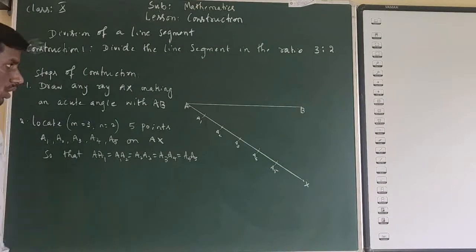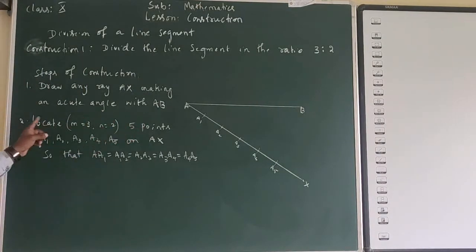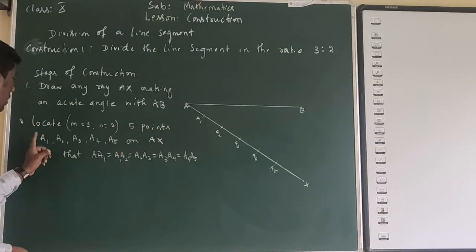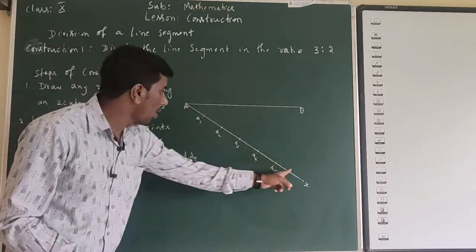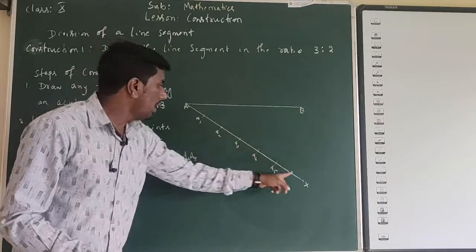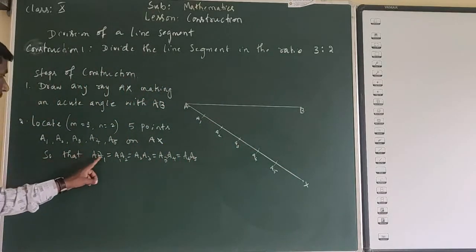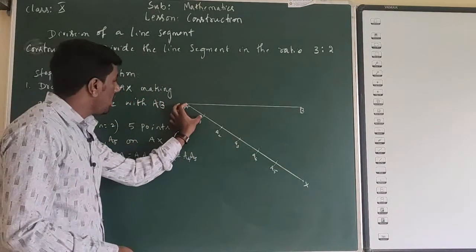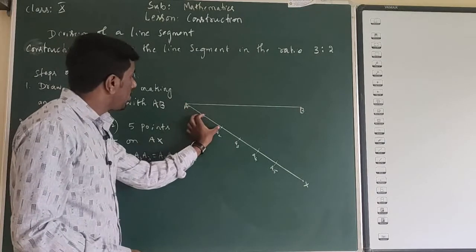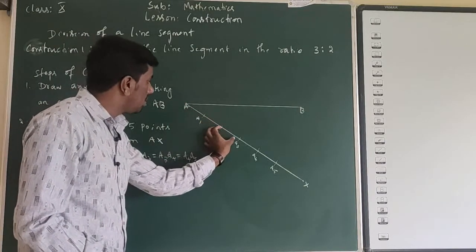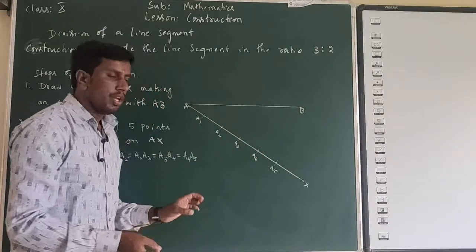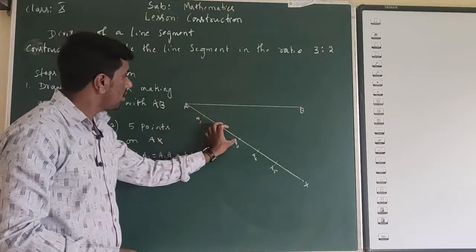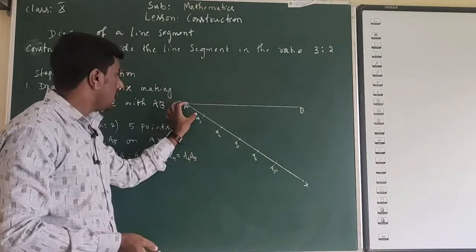So this is the meaning of the second step. I have located 5 points on AX such that A1 equals A1A2, which means this length will be equal to this length, then this, then this. All are equal lengths.